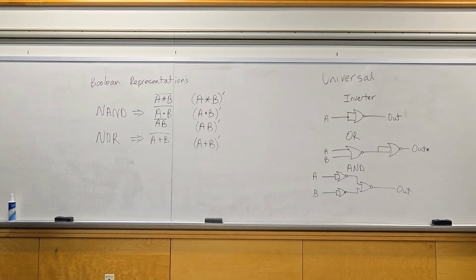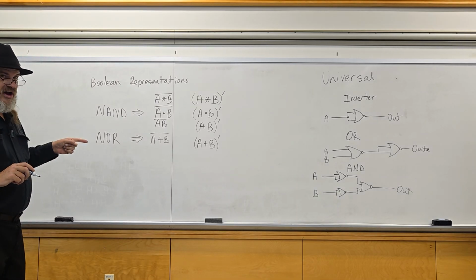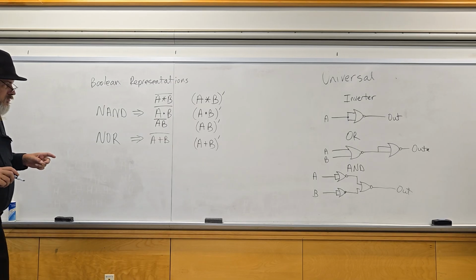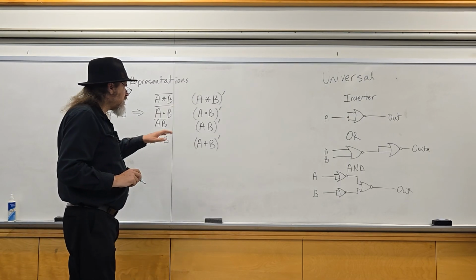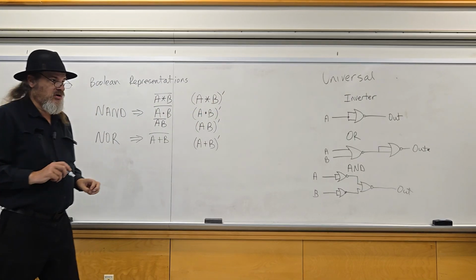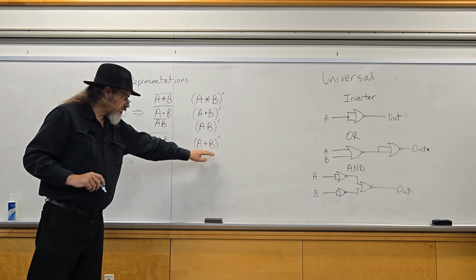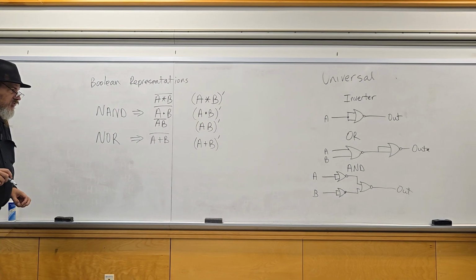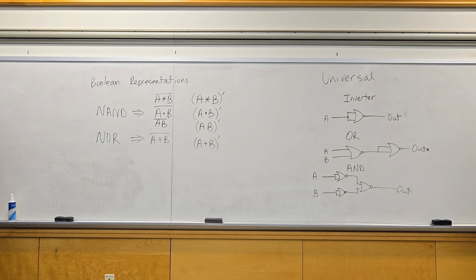The prime is done first, so if you do not include the parentheses, you would have A star B prime without the parentheses, or A plus B prime without the parentheses. So to express the NAND and the NOR, you would use the parentheses if you're using the prime notation.